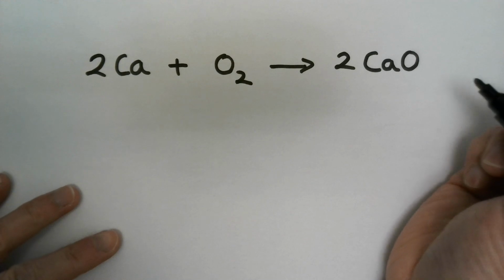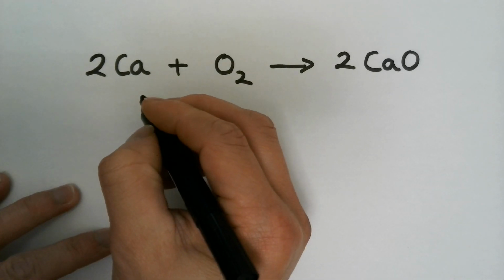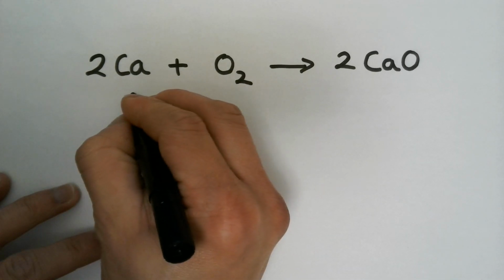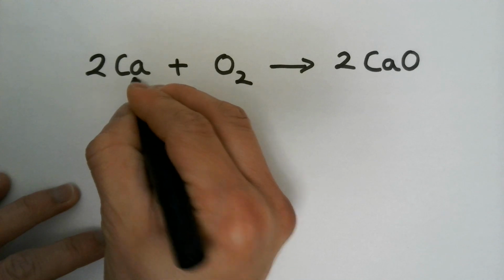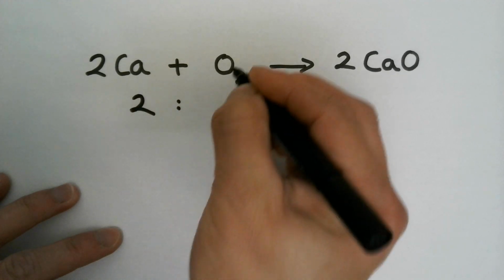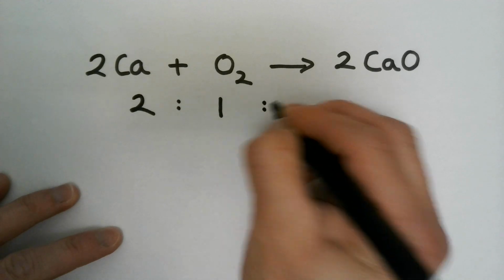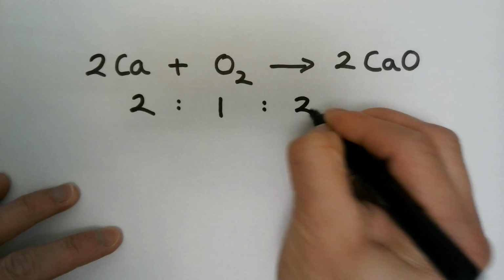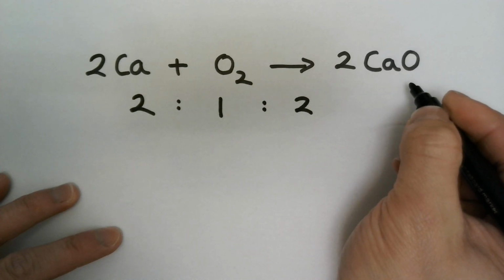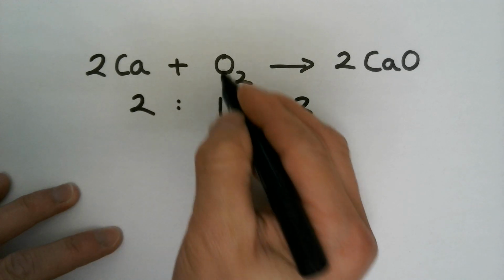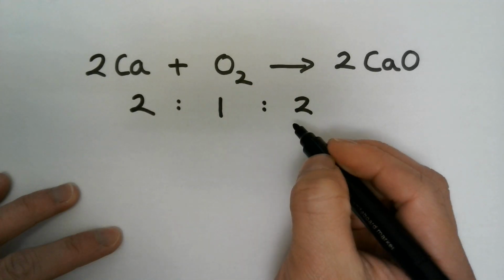Now in this reaction, it's telling us that 2 moles of calcium reacts with 1 mole of oxygen molecules to produce 2 moles of calcium oxide. So the ratio is 2 to 1 to 2.